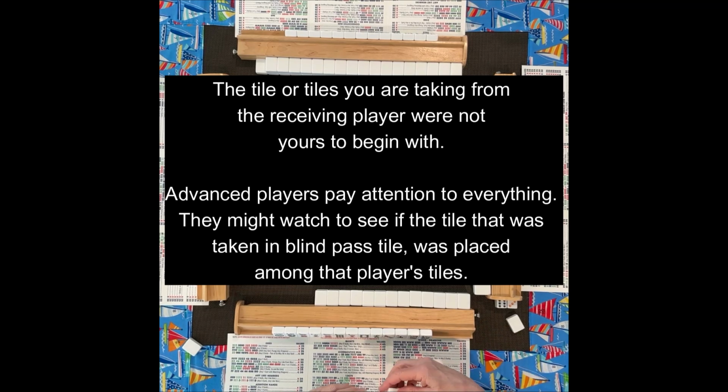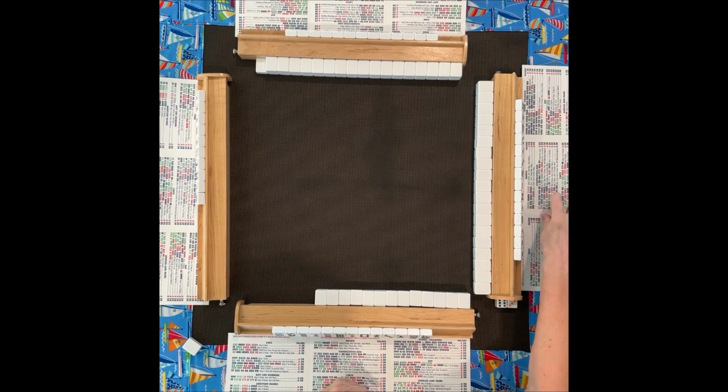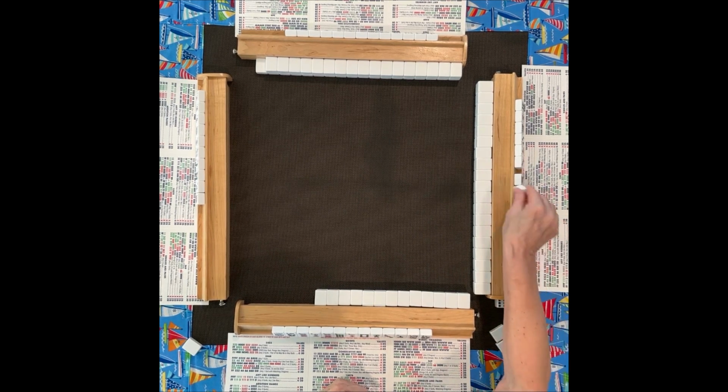And let's just say you looked at them and you placed them down with the tile you looked at in the middle, and the receiving player picked up that middle tile and placed it amongst their tiles. It would be very telling. It would more than likely mean that they are using a 7 dot. All right, so let's go ahead and back that up.